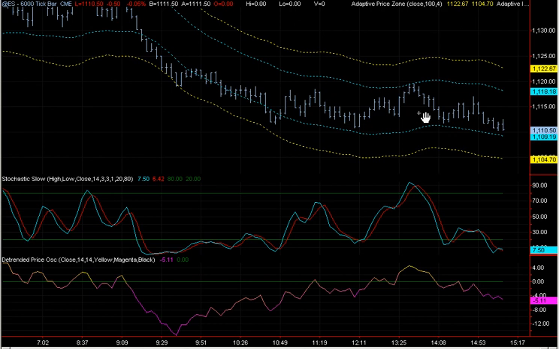So here's what we do. We tell our strategy to simulate this particular adaptive price zone. We're not actually going to plot it, we're just going to simulate it, in the sense that the strategy knows when the Spoos have dropped below the band or above the band.